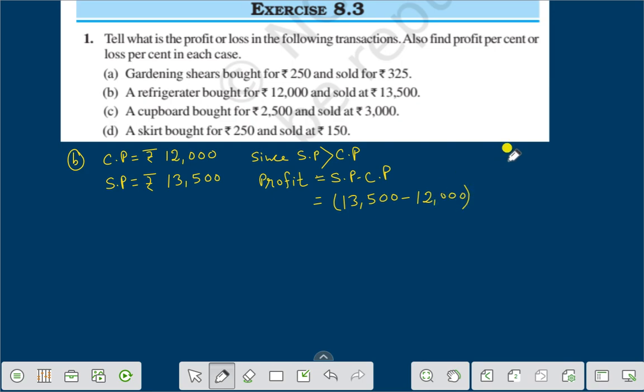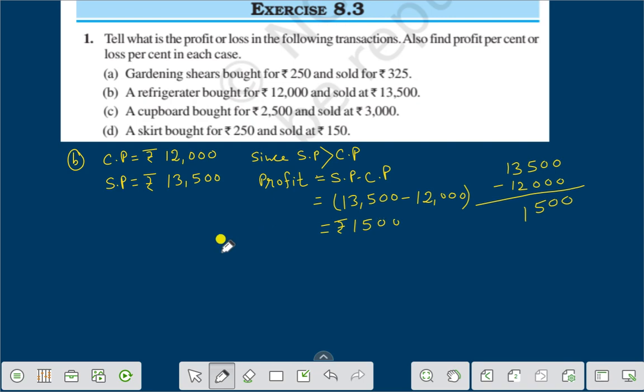We subtract this one, that is 13,500 minus 12,000, and we are getting 0, 0, 5, 2, 1, 1500. That you are getting rupees 1500.